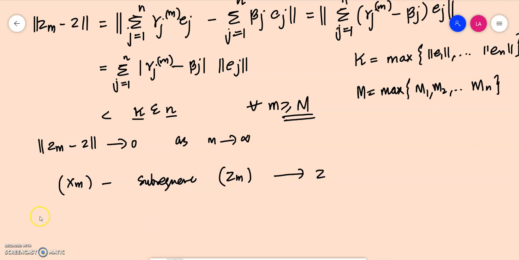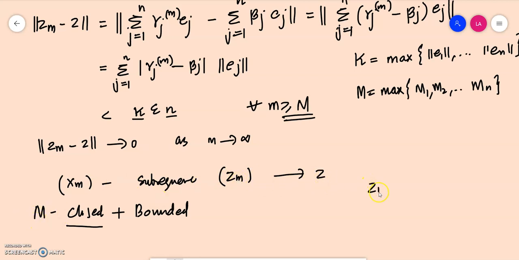We have assumed that our set M is closed and bounded. It means it is closed. So for every sequence, the limit of the sequence should belong to the set.